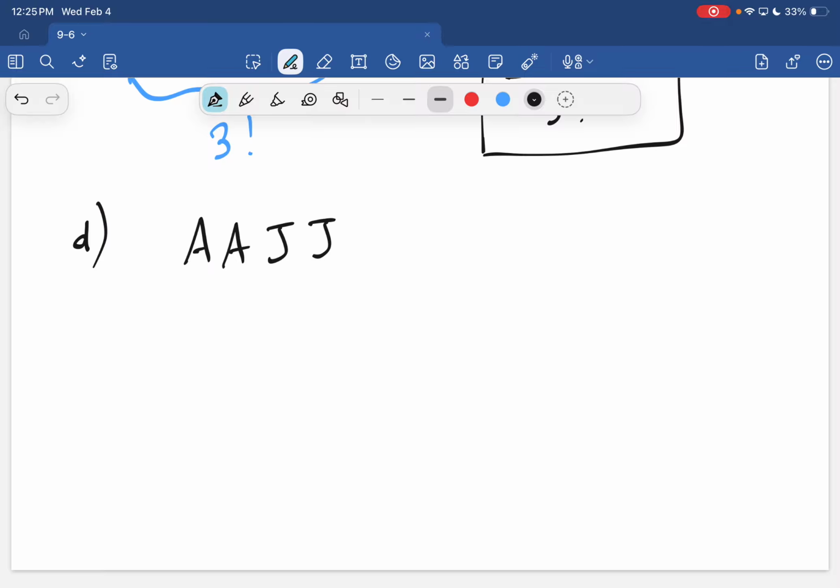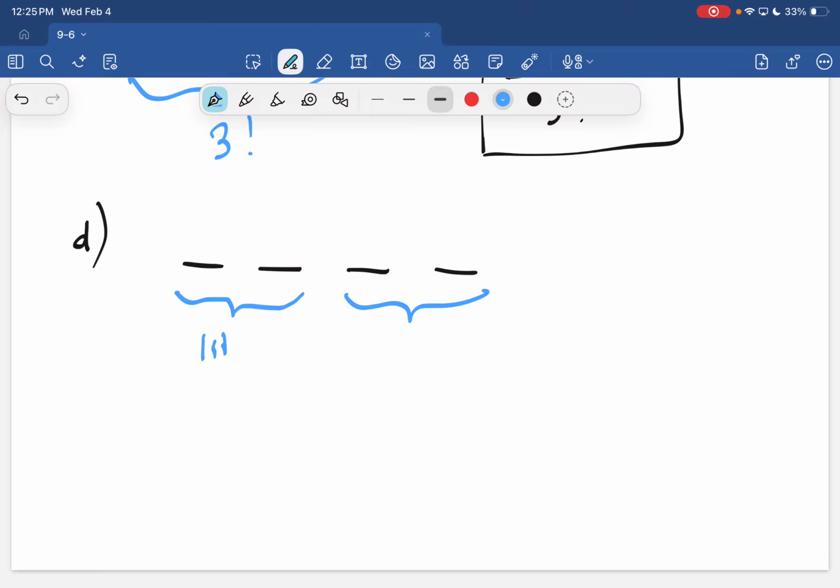A 2 pair requires us to have 2 distinct pairs within our 4 card hand. Let's try to figure out how to do this. To make this question a little easier, I'm making a stipulation that I would like my cards to be ordered such that my first pair is here, and my second pair is on the last 2 cards.